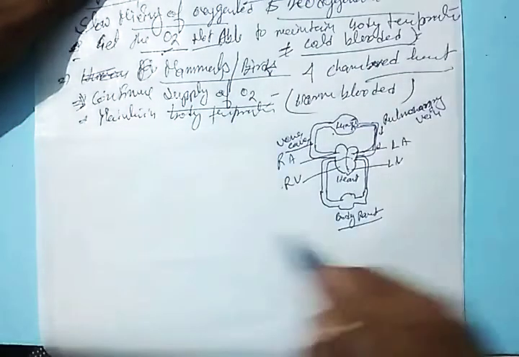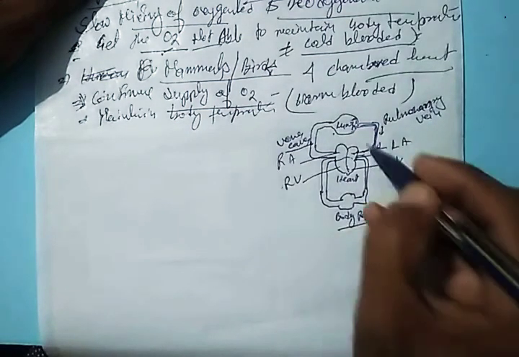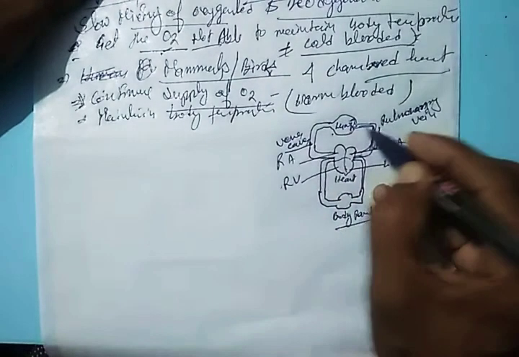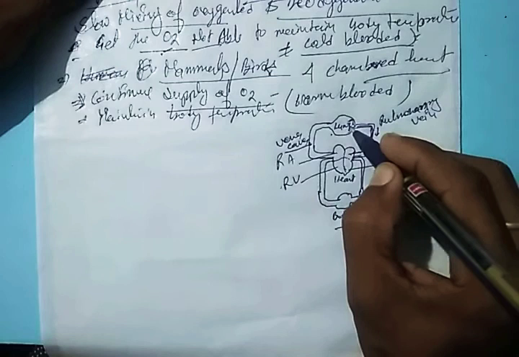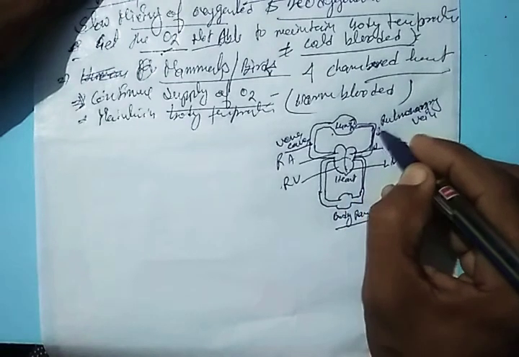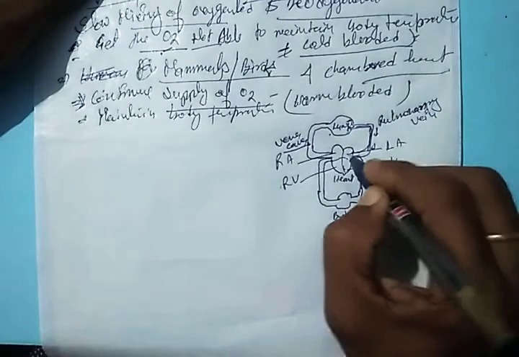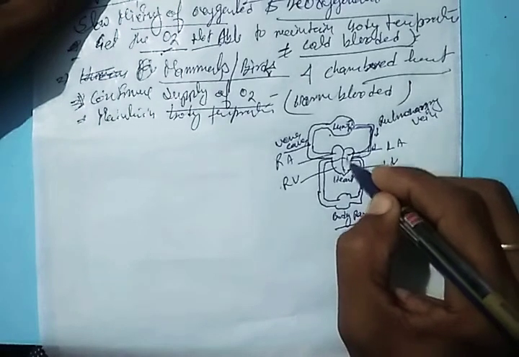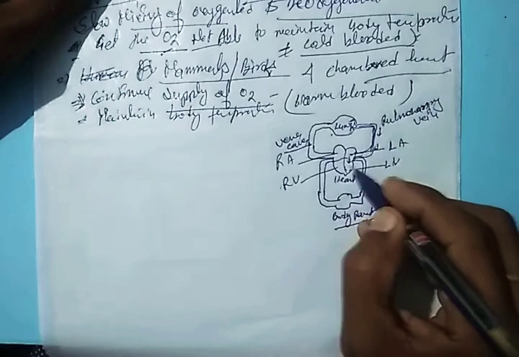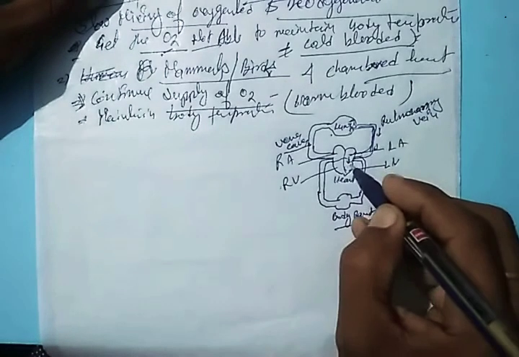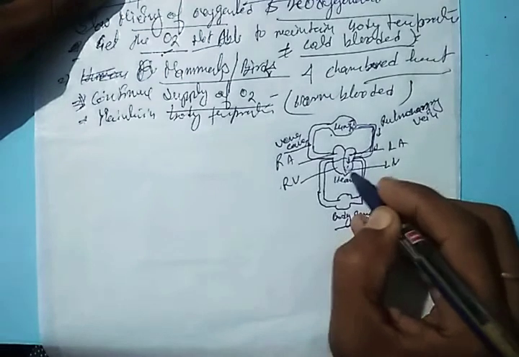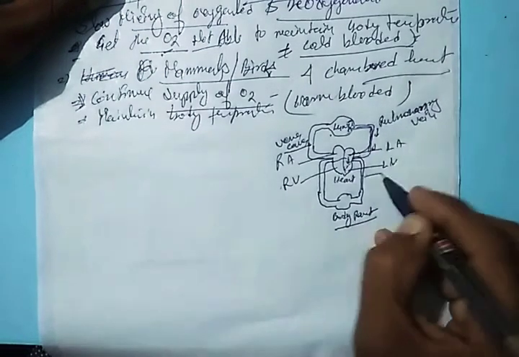You already studied this mechanism of blood circulation, so we try to understand this process again. By the contraction of the left atrium, it enters the left ventricle, and after the contraction of the left ventricle, it goes into the dorsal aorta.